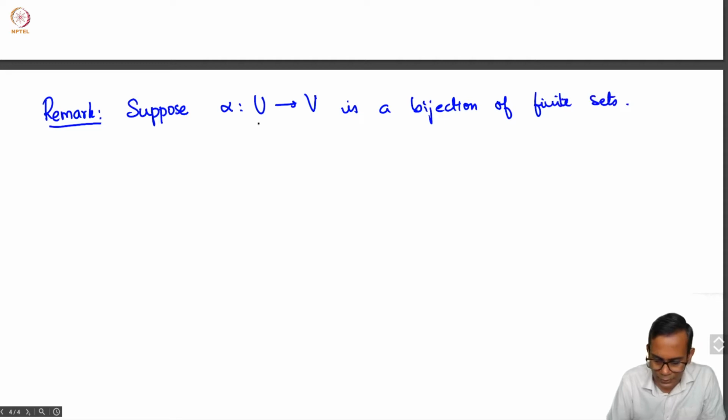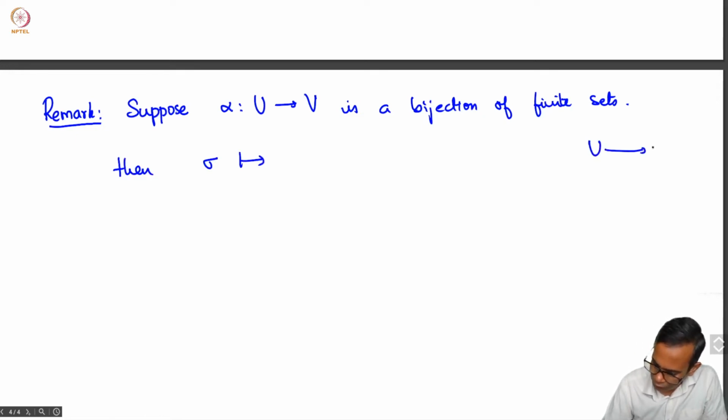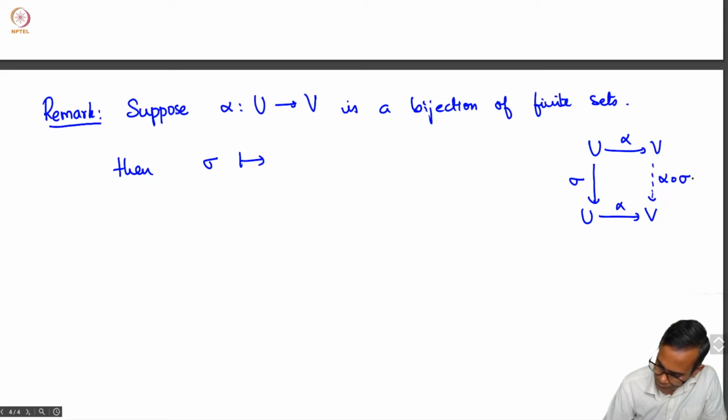Then there's a bijection between the permutations of U and the permutations of V determined by alpha. If you have alpha from U to V, and a permutation sigma from U to U, you can fill this arrow here, and what you get is the permutation alpha circle sigma circle alpha inverse.